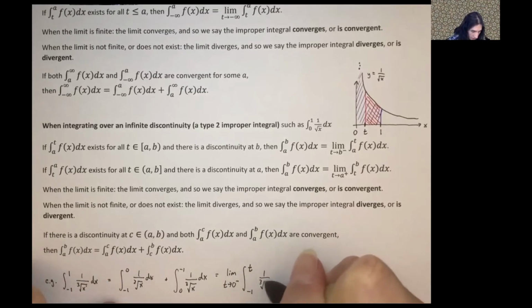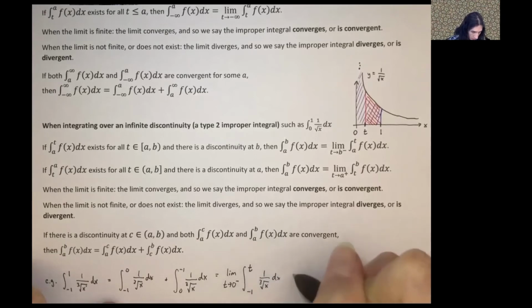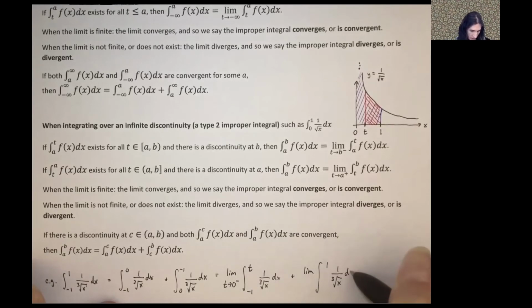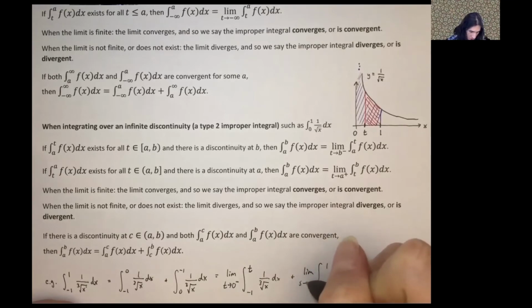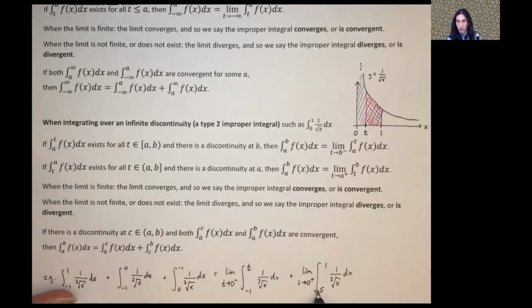Now there's also the second integral here, and the problematic point for this one is this lower limit of integration. So I'm going to need another variable approach the bound that we want there. Again, I'll use an s because it is a totally different integral from the first one. And s approaches 0 from the right this time. s will be a positive number getting closer to 0. Okay.